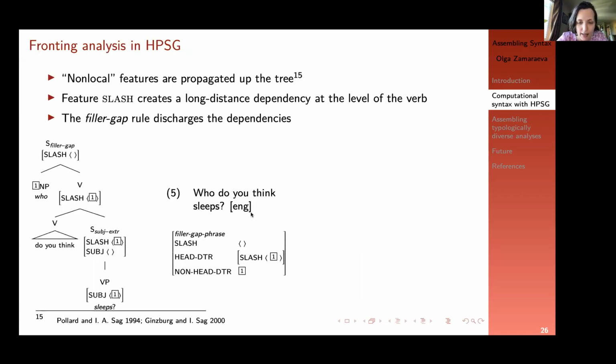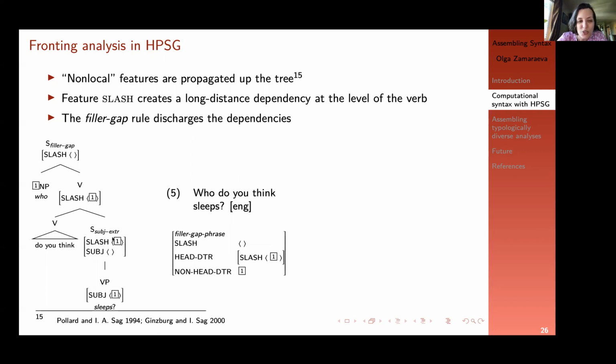There is a classic analysis of WH fronting by Ginzburg and Sag back from 2000. And that has to do with so-called non-local features. Remember, in HPSG, everything is features constrained to have some values. Well, we can have a feature called SLASH here. We can have a feature which records that there is a long-distance dependency between the verb and its subject.